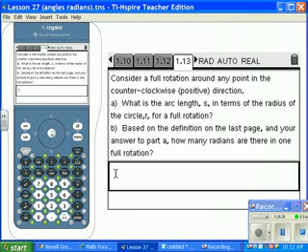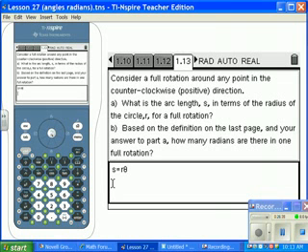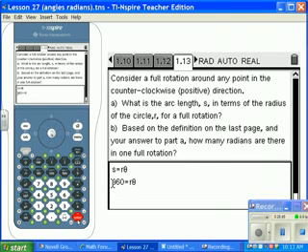So if we have a formula, S equals R theta, what's going to be 360? S. Okay, that makes sense, right? That's the arc that it's creating when it's traveling around the fixed radius, around the point. Okay, so based on that, S equals R theta, 360 equals R theta.